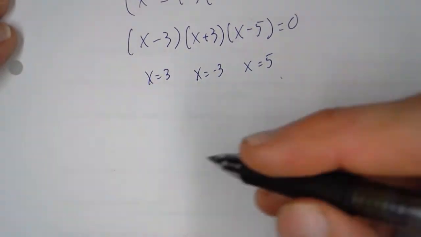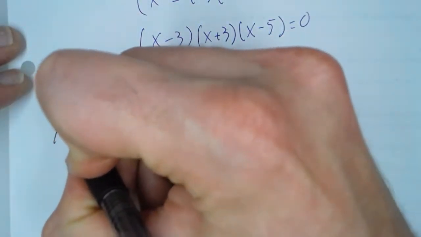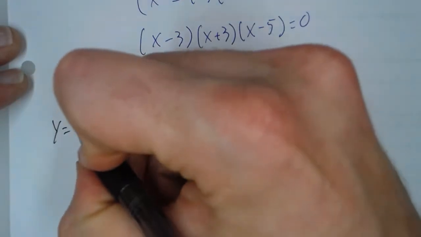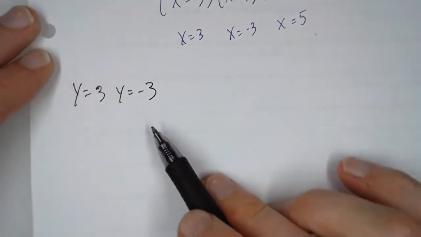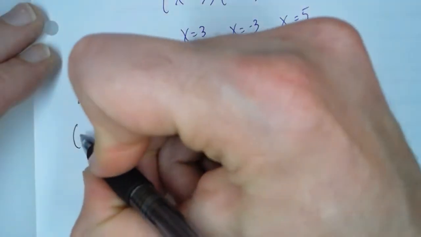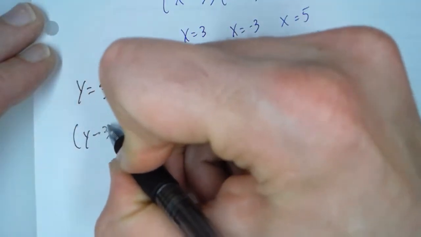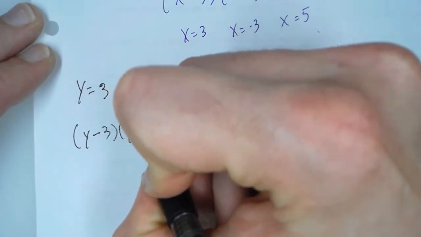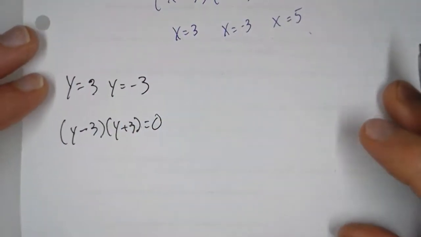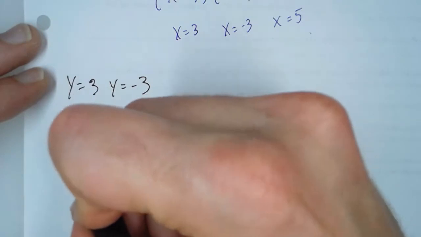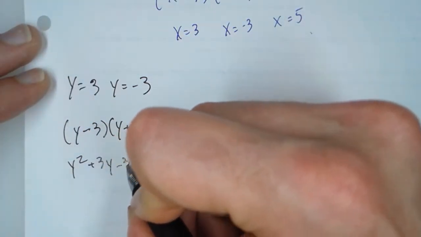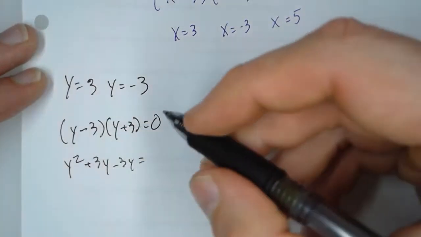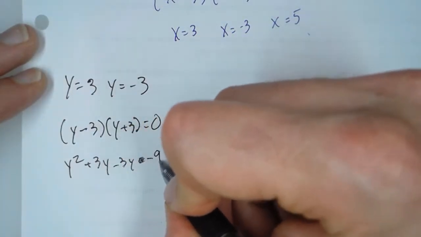All right. So let's say for our first one, y is going to equal 3 and y is going to equal negative 3. So that means it's going to be y minus 3 times y plus 3 equals 0. So let's expand this out. y squared plus 3y minus 3y minus 9 equals 0.